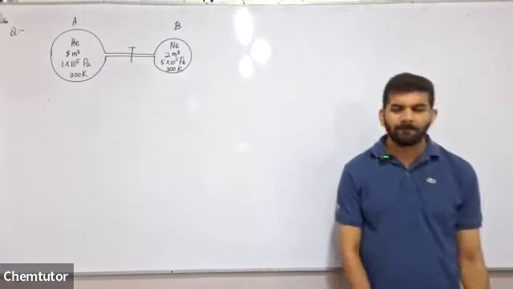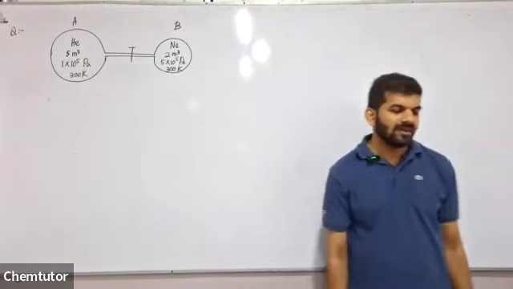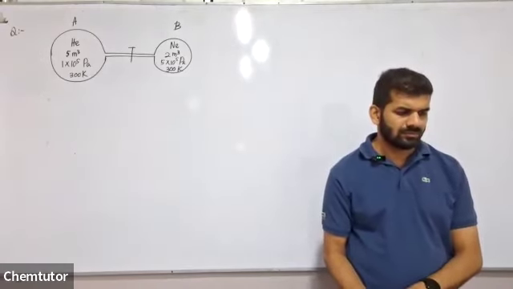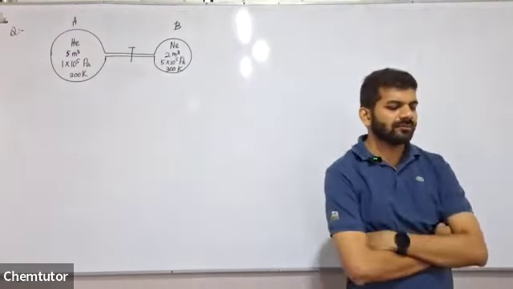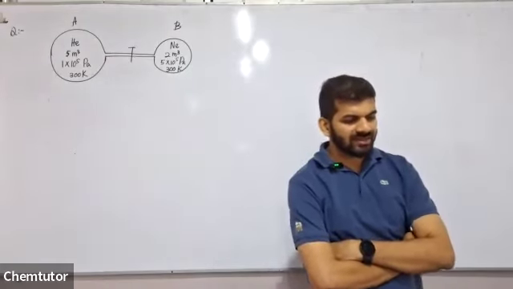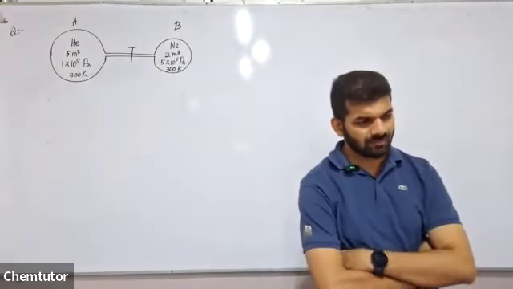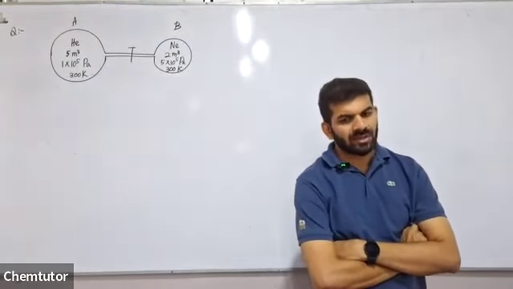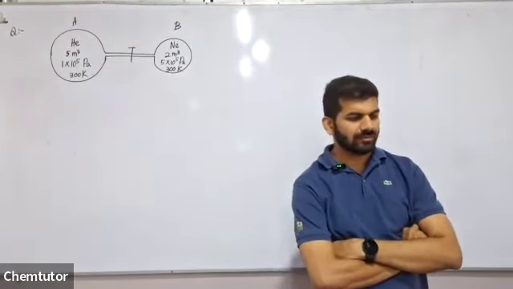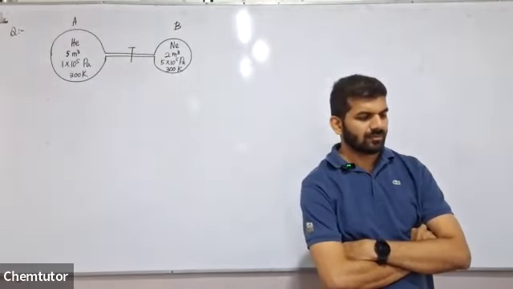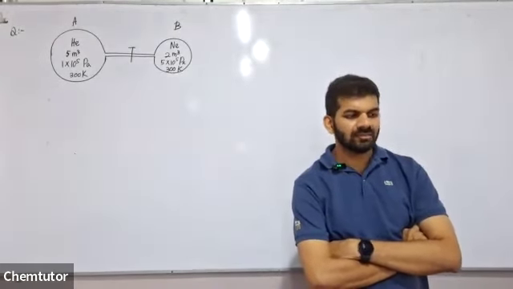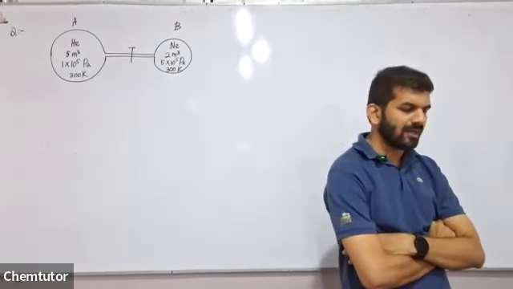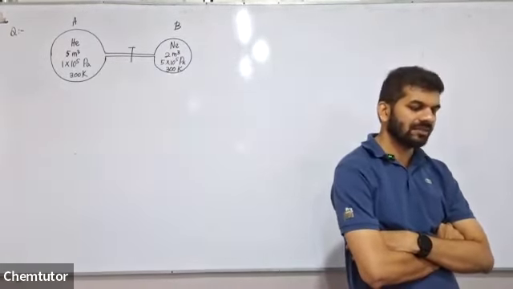First one, calculate the partial pressure of neon inside the vessel B.